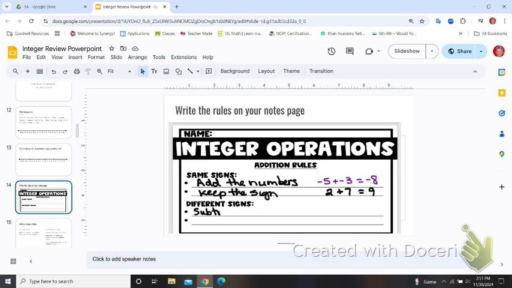When the signs are different, we're going to subtract. I'm going to use this word that might be new to you, but we're going to subtract the absolute value. So when I say that, I mean number only. Don't use the sign.